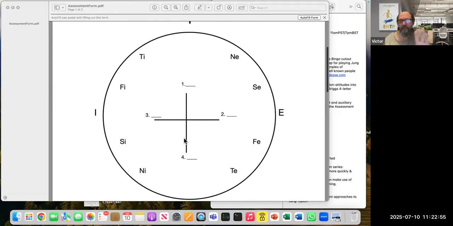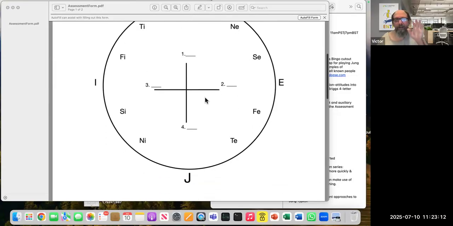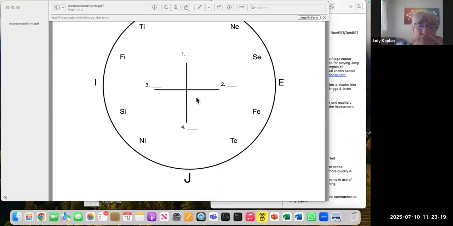Any questions on what's going on here? Is it that the first function is the P or the J, and the second function is the introvert or extrovert? We'll be looking at this with examples in a minute, and it'll start making more sense to you.